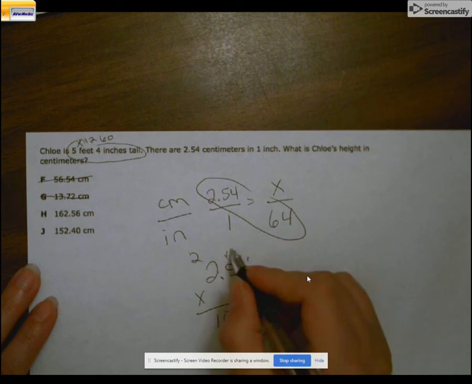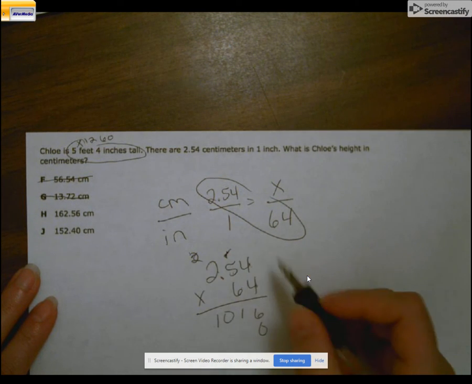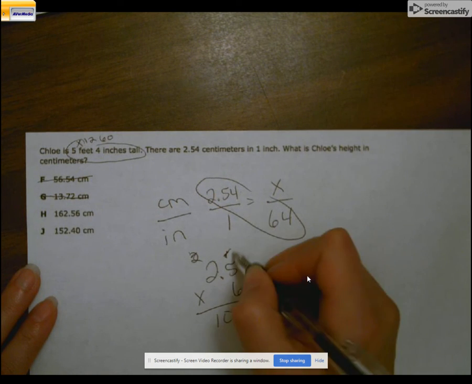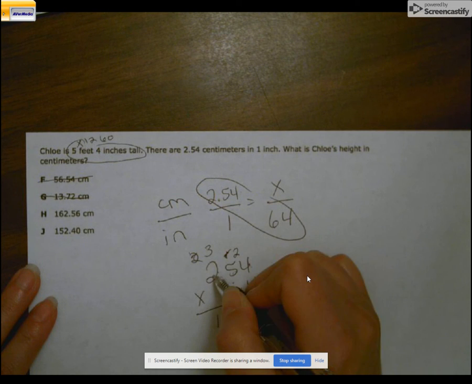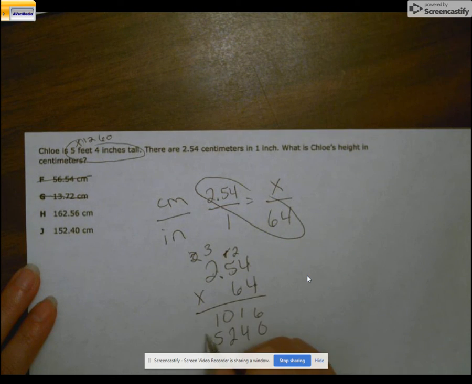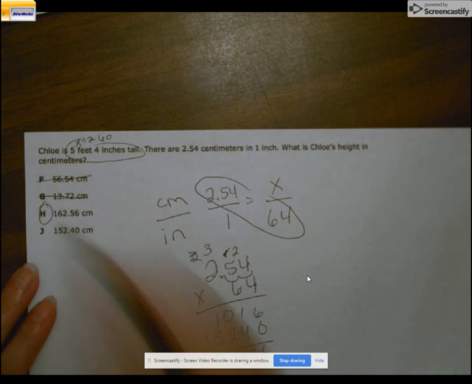Hold my place. 24, 32, 12, 15. 2 decimal places, 2 decimal places, and I have an answer of H.